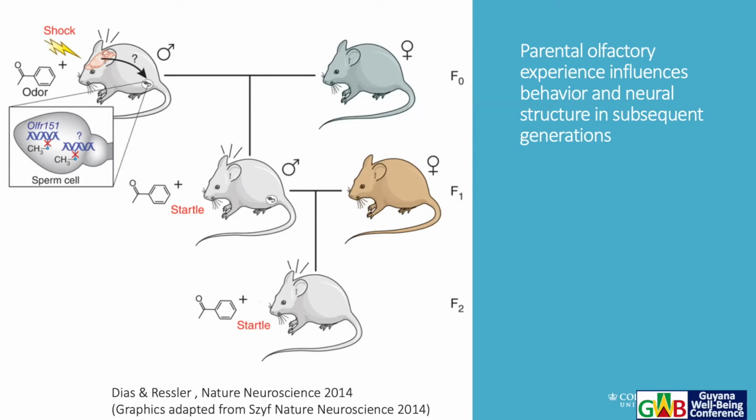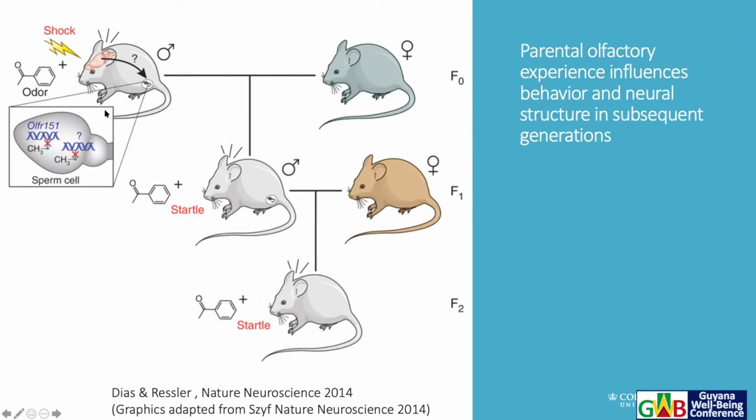After a while, the rat is very smart, and anytime they can smell cherry blossom in the air, they start to show very fearful behavior because they know that the electric shock is coming. So this is just a simple fear conditioning experiment.